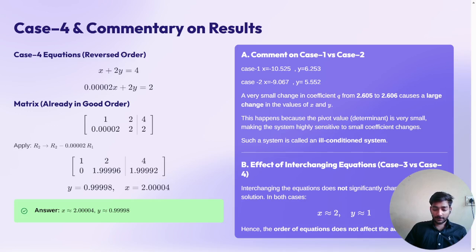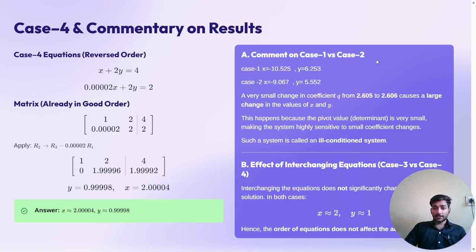After taking these values we form this equation, then we apply the augmented form, and then we apply the row operation. After applying these operations we get the value of x equal to 2.004 and y equal to 0.99998.